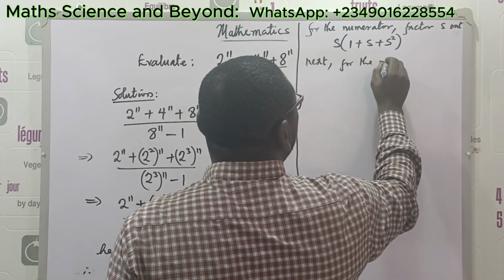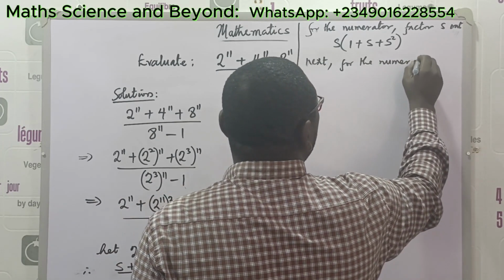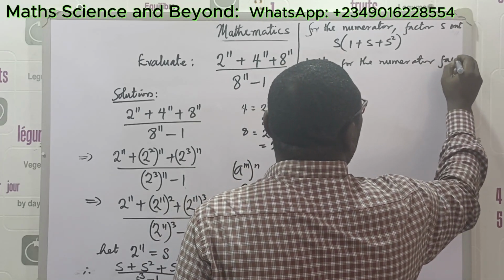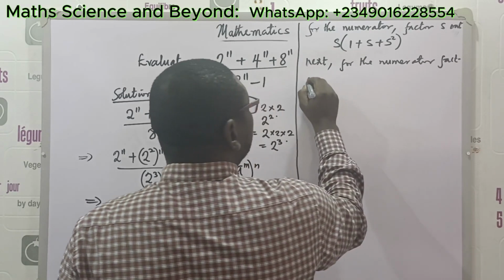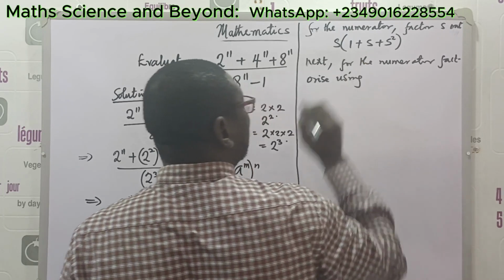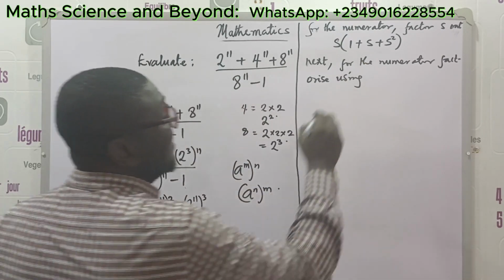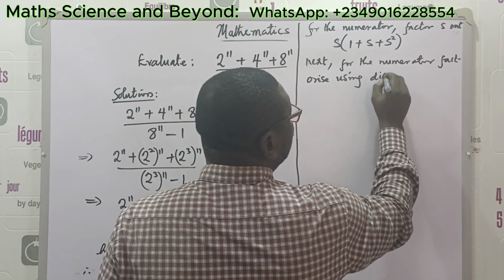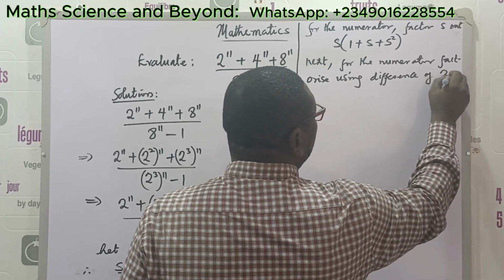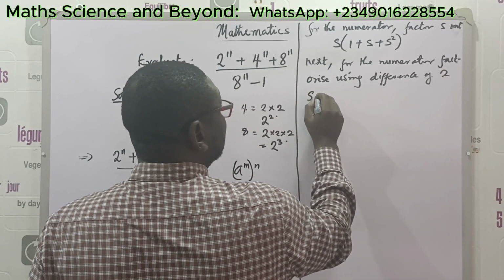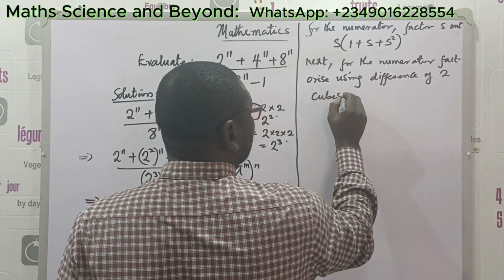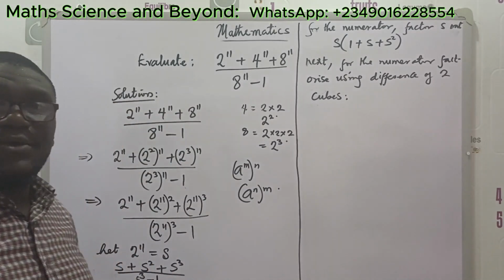The next thing, for the denominator, we factorize using the difference of two cubes. So what are we going to do there?